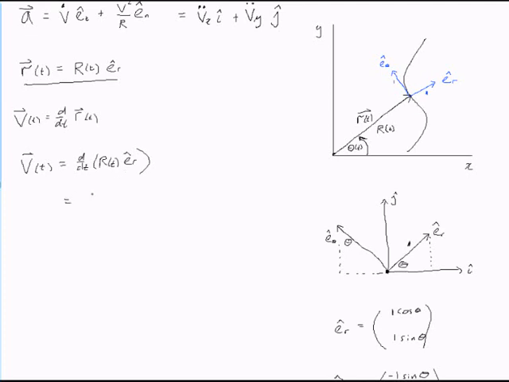So to do this, we use the chain rule, and we know that's just going to be dr/dt times e_r hat plus r times whatever the derivative of e_r hat is. We don't know what it is yet.